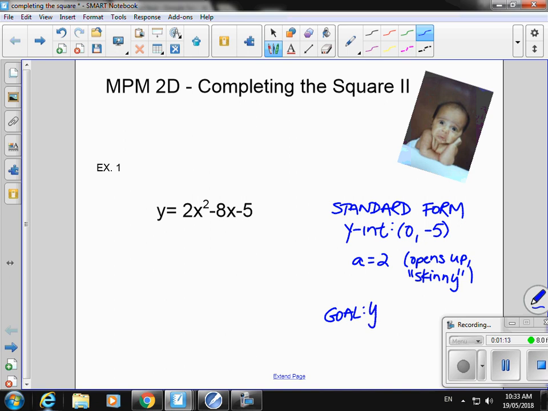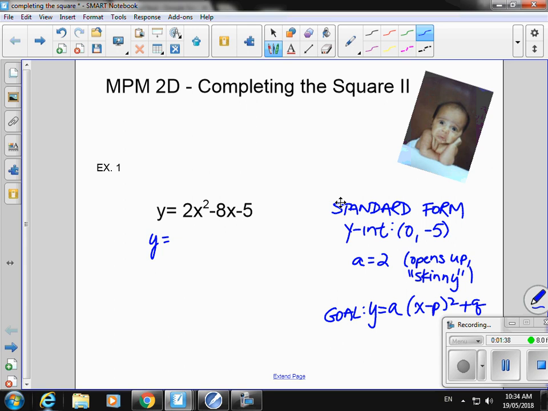So the look that we want is y equals a, well, we already know that's going to end up being a 2, x subtract p squared plus q. Okay, that's our goal. So when we have that goal in sight, I'm going to just play with this thing until it looks like the look that I'm aiming for. The first thing I see is that 2 is a bit of a painful thing.